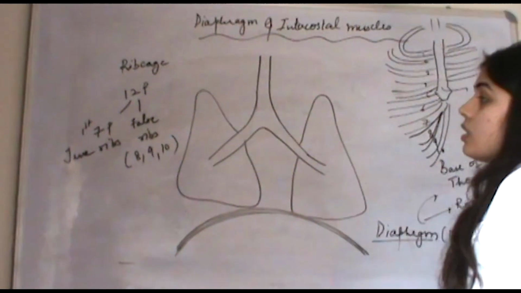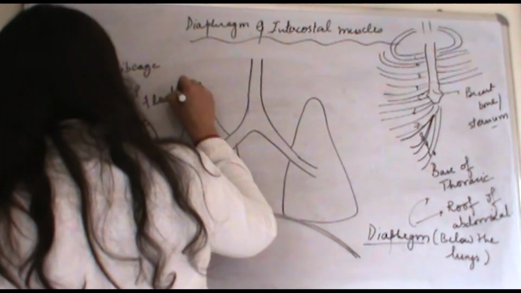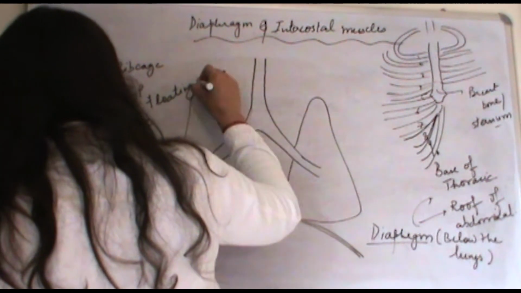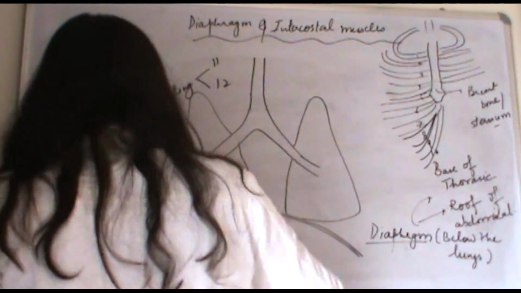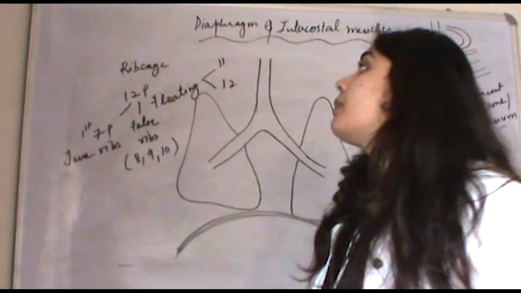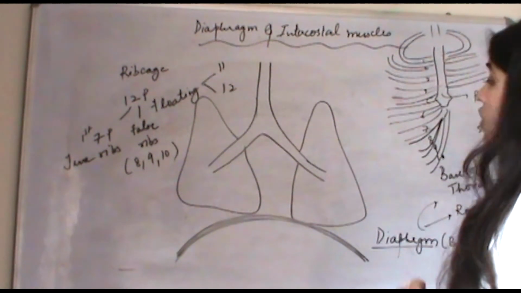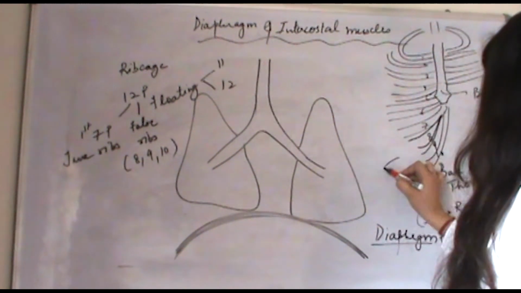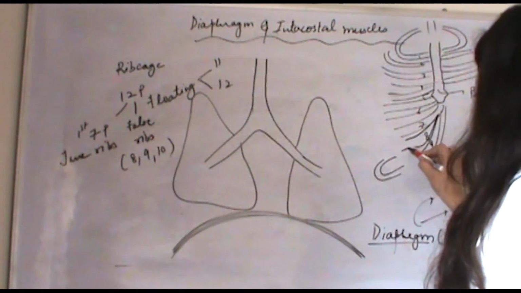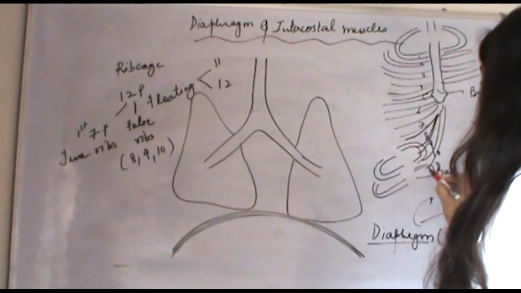Now next is the third type, the floating ribs. What comes in the floating ribs? The last 2 pairs, the 11th and 12th pair. What happens to the floating ribs? They come from the back and are not joined anywhere. They are freely floating.